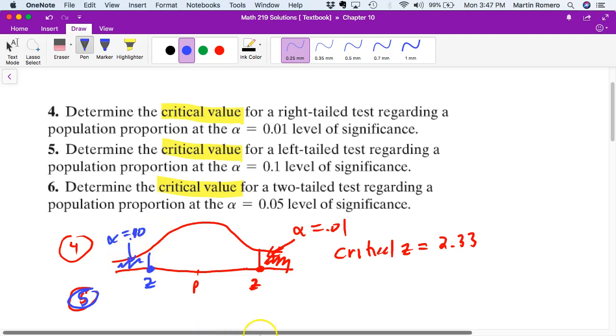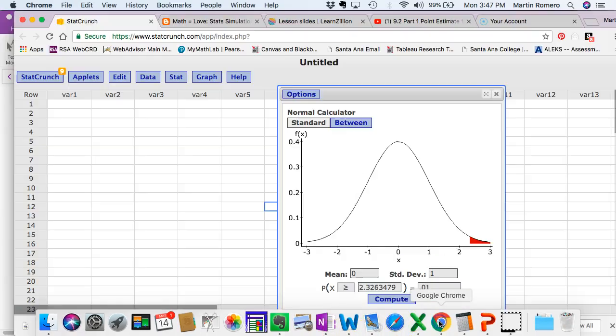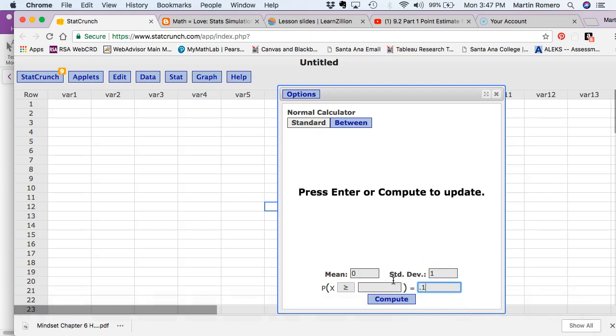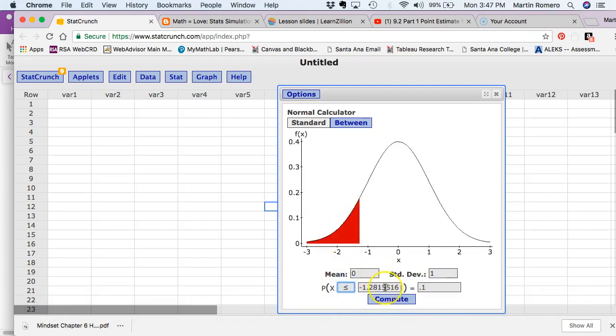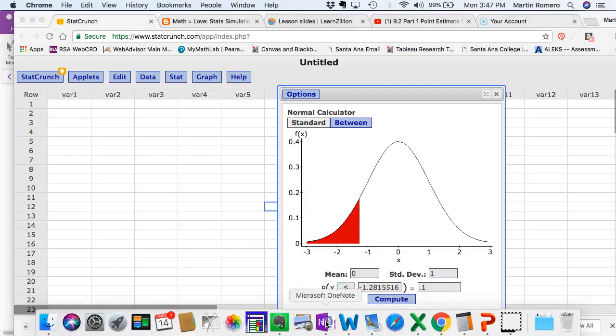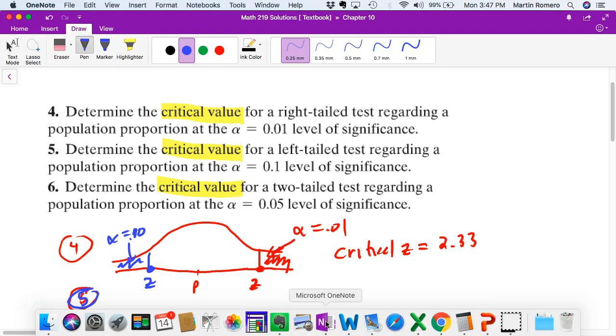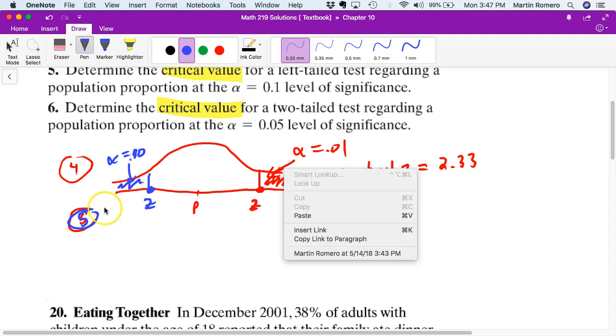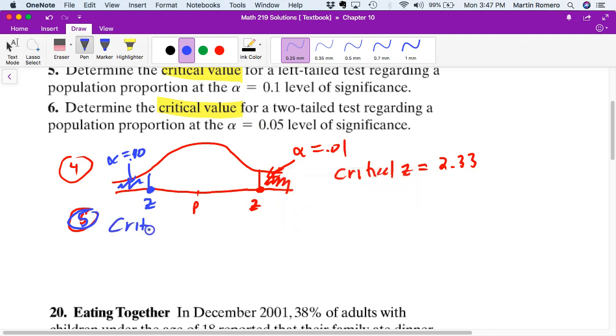So you would go ahead and go to StatCrunch. I'm going to put 0.1 here, and then I'm going to change that to the left tail. So then you get negative 1.28 as our critical value for that one. So for number 5, the critical z is negative 1.28.